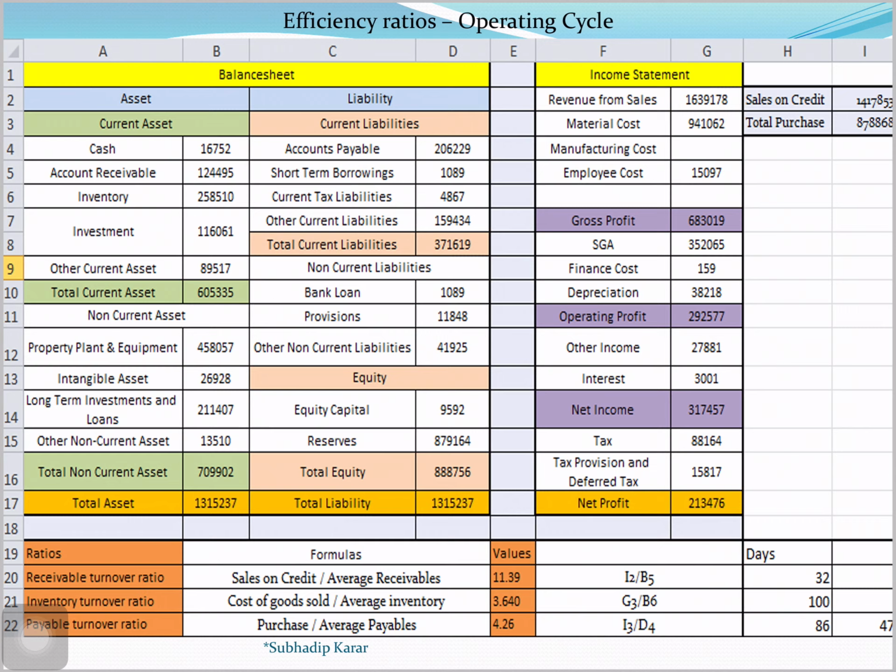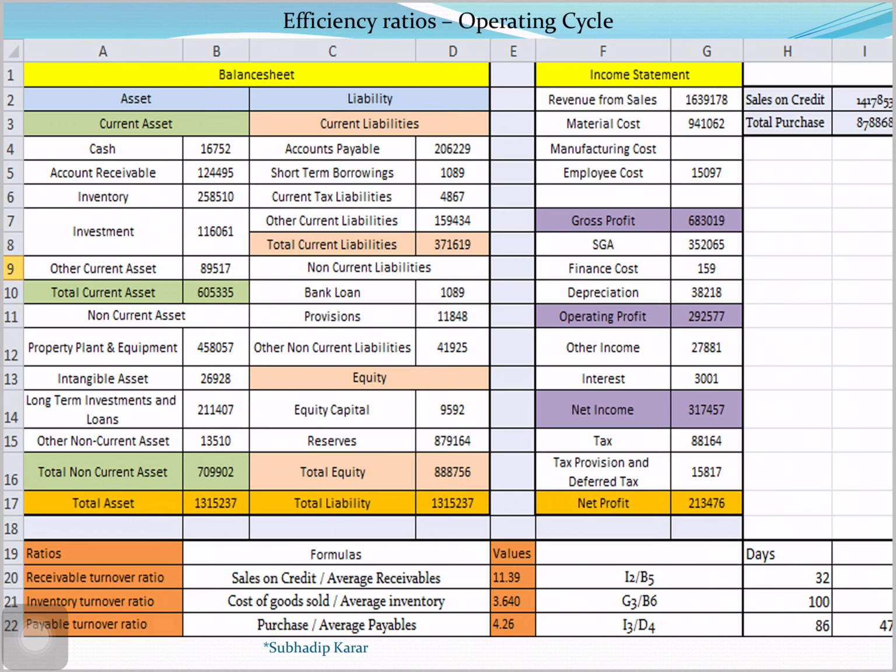So to calculate the net operating cycle, we have to add 32 plus 100 minus 86. It means the company is generating cash using receivable turnover days and inventory turnover days. The total will be the operating cycle by which the company is generating cash, minus the days the company takes to pay cash to its liabilities, that is the payables or the creditors.